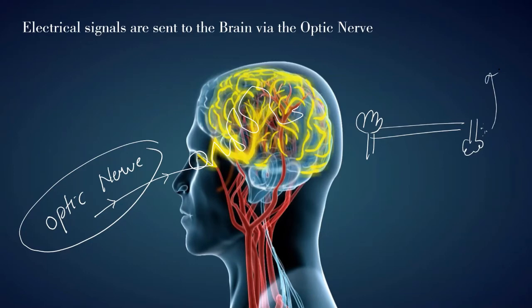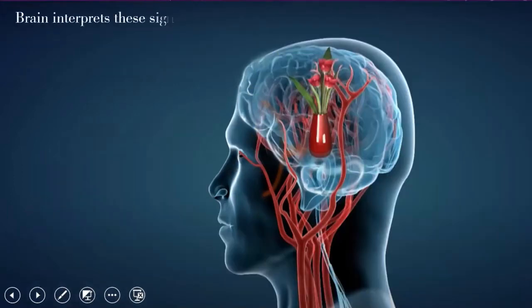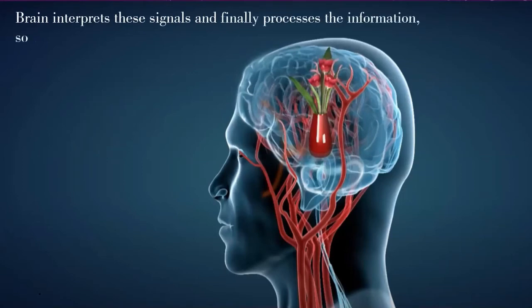So do we see everything inverted? Because the image formed on the retina was inverted, right? Whatever we are seeing in front of us, is it inverted? No, it is the way it is. This is the beauty of our brain. What does the brain do? The brain interprets these signals and processes the information so that we perceive these objects as they are.